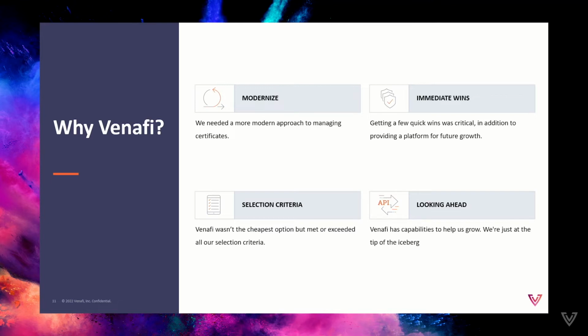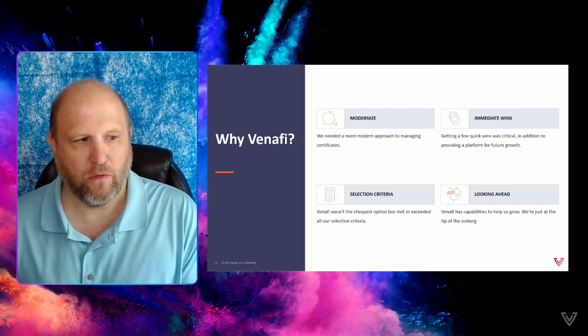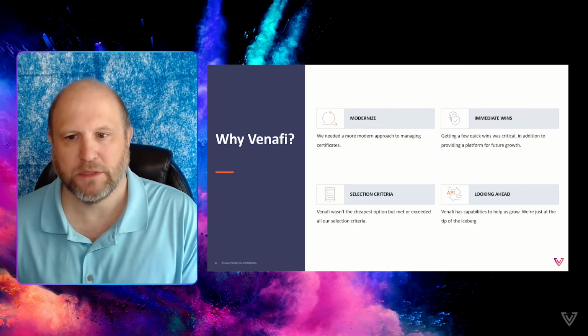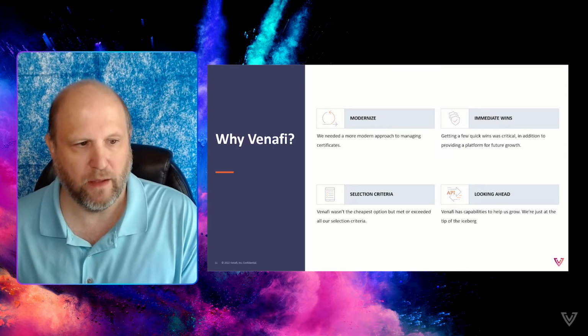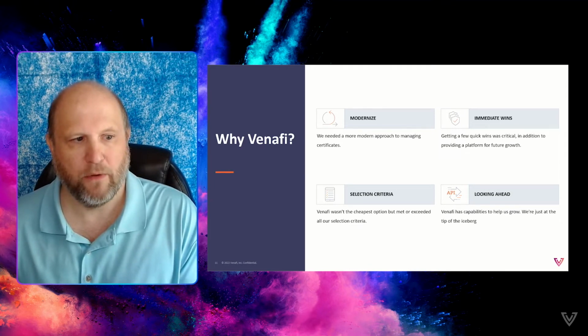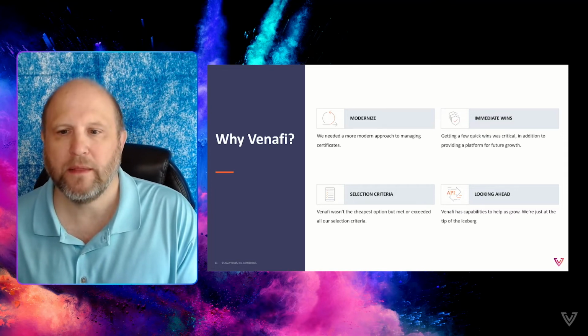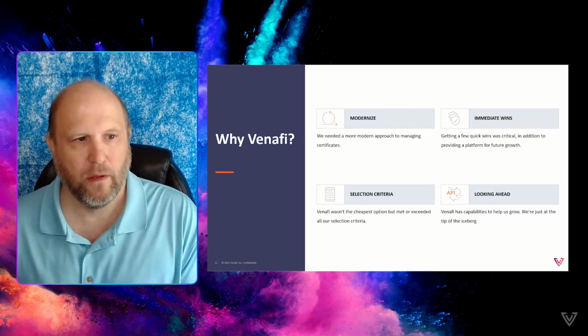We were successful in the Tangled Web, but we knew we had pain points. So we wanted to address those pain points and make it easier for the application owners to take ownership of the certificates. So we needed that tooling that could help us modernize. Venafi did that.